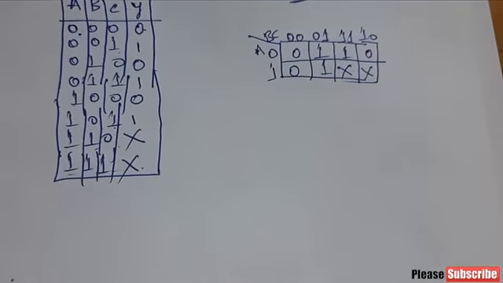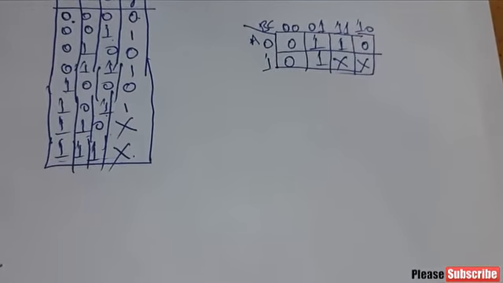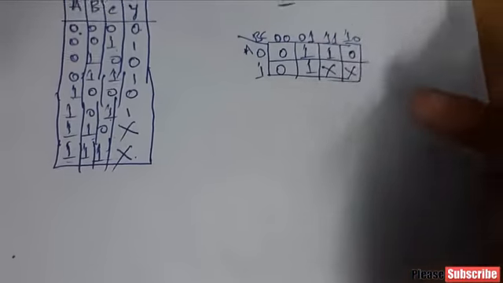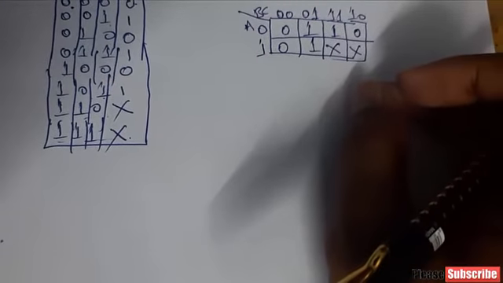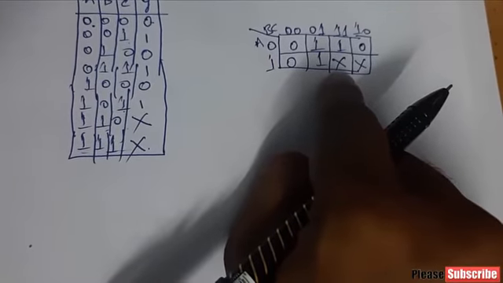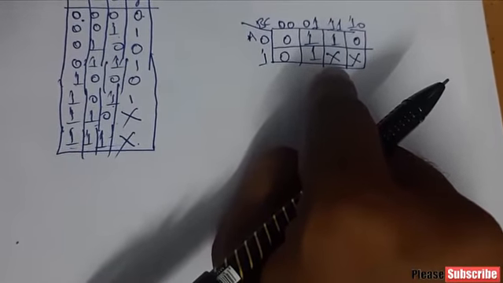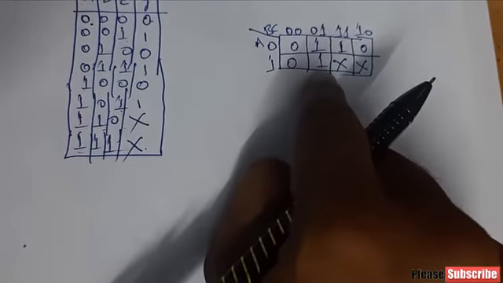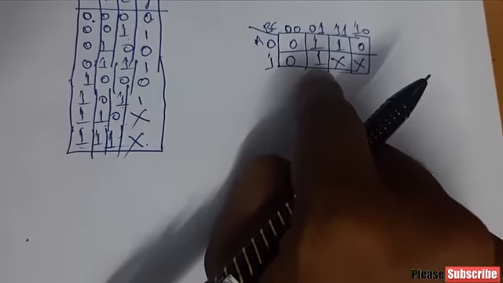Here you can observe, if you take the SOP form, in the K-map you will easily get the output, right? That means if you replace this don't care by 1, you can get the quad pair, right?